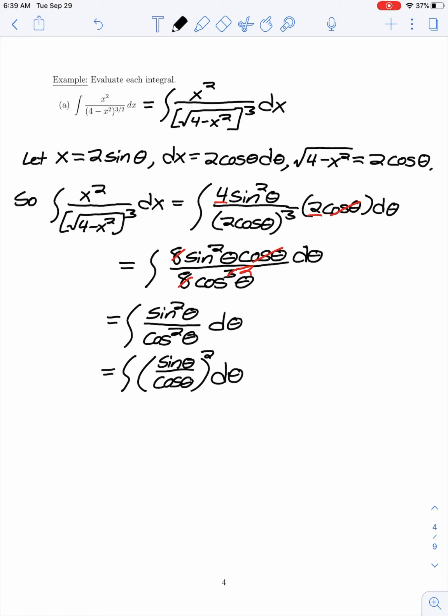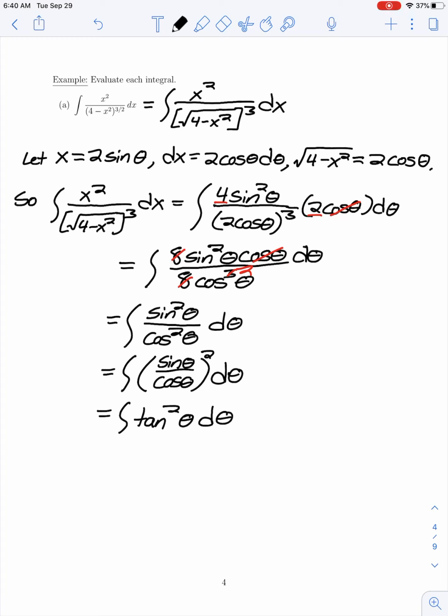But then this term in parentheses, sine over cosine theta, is just tangent theta, and I'm squaring that quantity. So I simplify my integrand down to the integral of tangent squared theta.